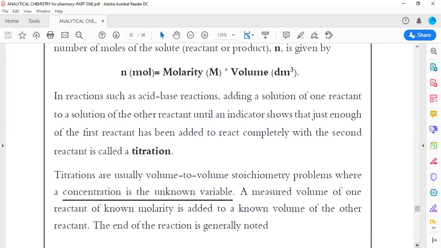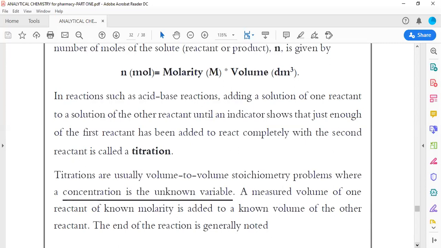And we will show you how to do that. But remember, in this process, when you deal with volume to volume, you're adding one solution to another solution to reach an end point or equivalence point between that acid and that base. That's called titration.